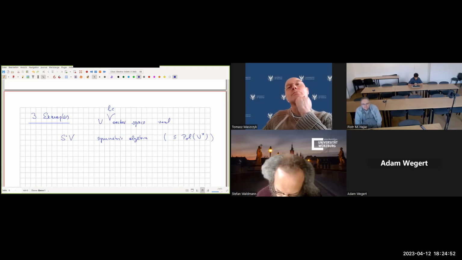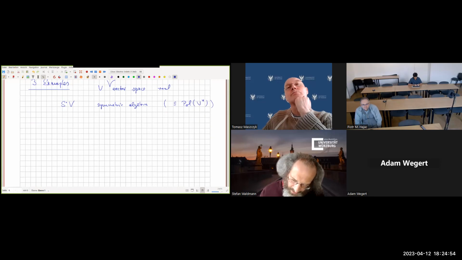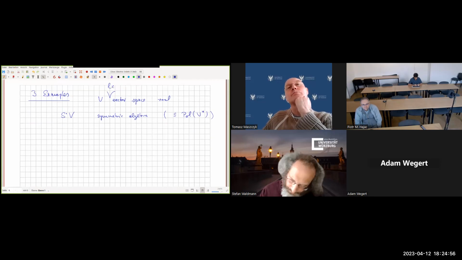So then the symmetric algebra. Now the idea is that we take a bilinear map, let's call this little pi, from V times V to the real or complex numbers, bilinear, it doesn't matter too much. And it should be continuous.